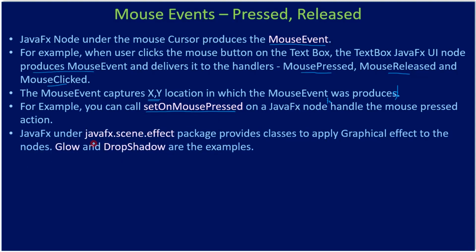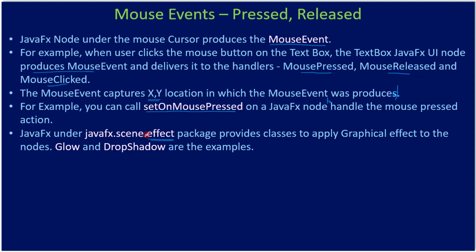The javafx.scene.effect package provides classes to apply graphical effects to the nodes. This package contains multiple classes, and you can use those classes to apply a graphical effect to the node.